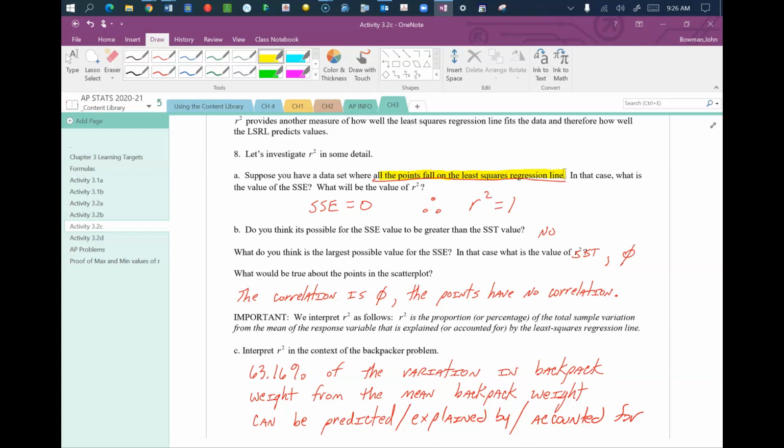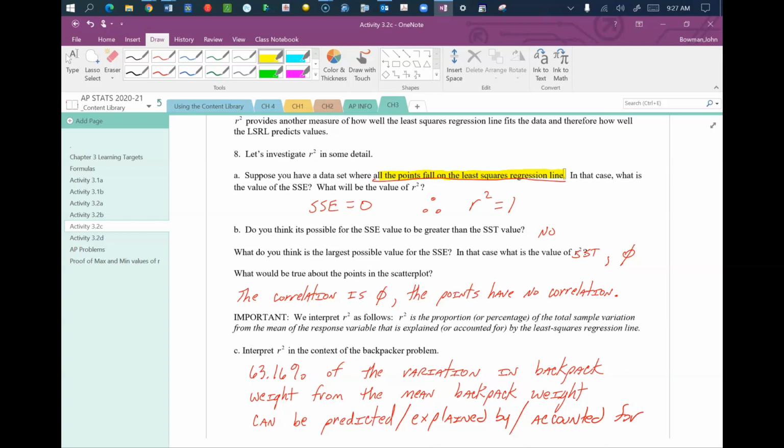What do you think is the largest possible value for SSE? Well, in that case, SSE could be equal to SST, in which case we're basically saying our least squares regression line predicts none of the variation in the response variable from the mean value, or R squared is 0. That would happen if the correlation coefficient is 0, which means there is no correlation. It's just a random scattering of points.